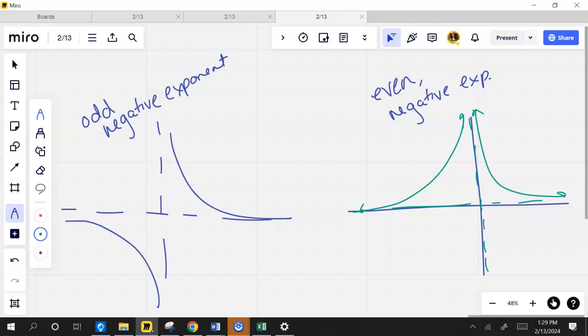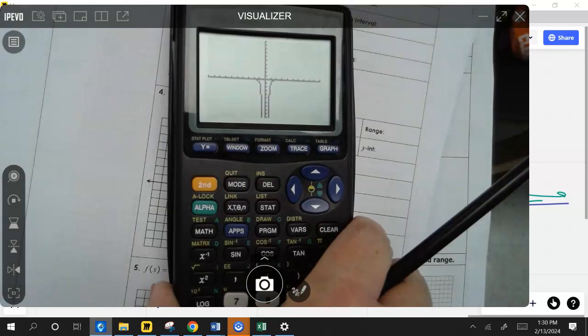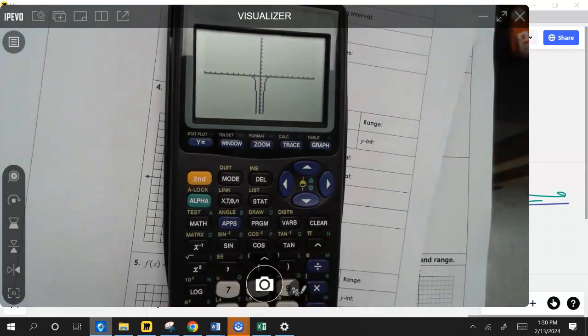Let me run through one with you. Let me run through an analysis with you. Actually, let's just look at the one that I have on here. Domain. What's the domain?